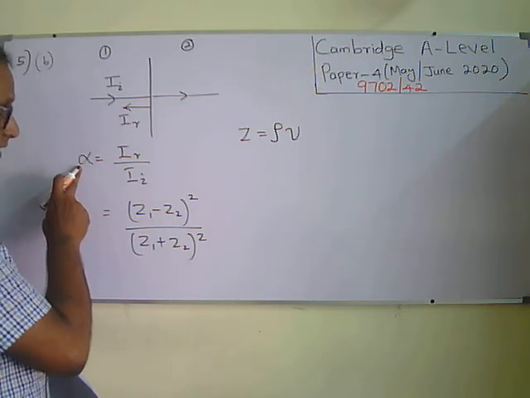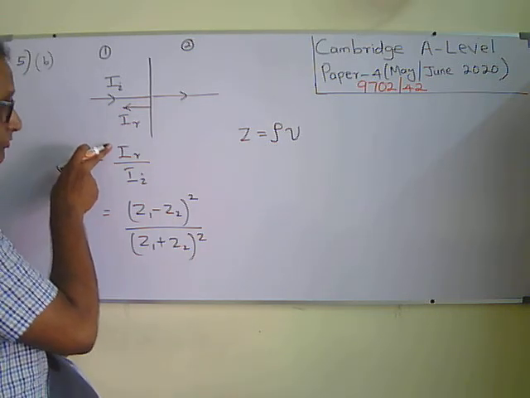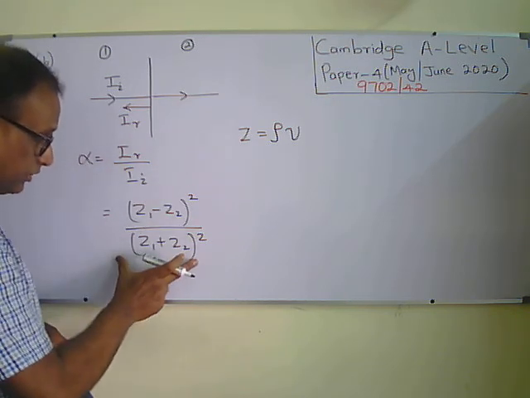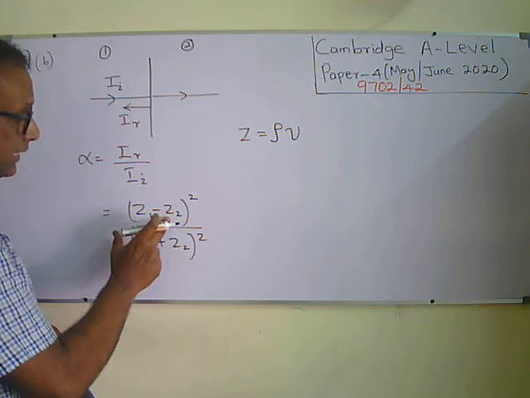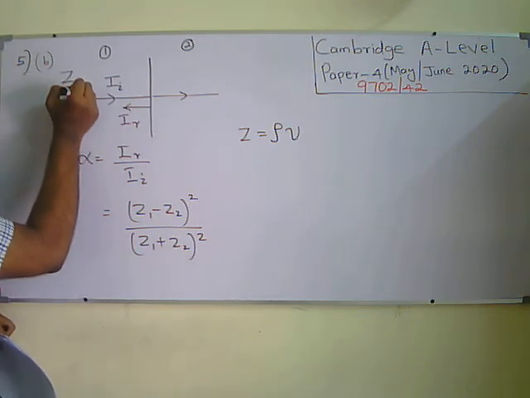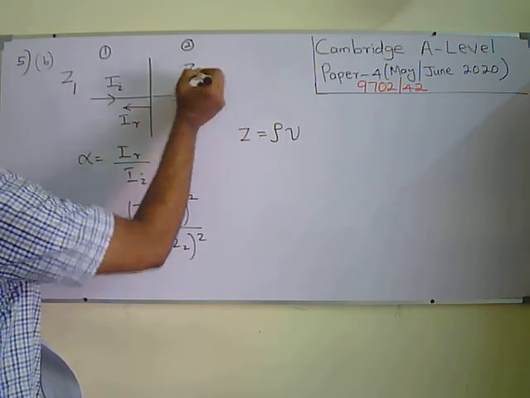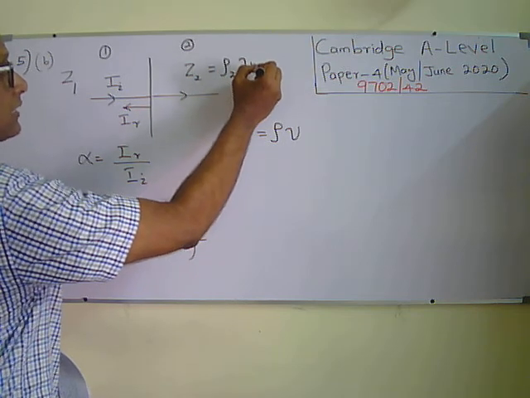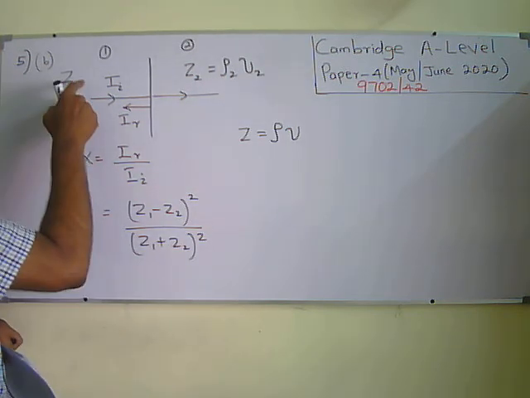So the reflection coefficient, which is the intensity of the reflected wave divided by the intensity of the incident wave, is equal to (Z1 minus Z2) squared over (Z1 plus Z2) squared. For the first medium the acoustic impedance is Z1, and this is Z2. Z2 means the density of this medium times the speed of ultrasound in this medium, and the same way here.